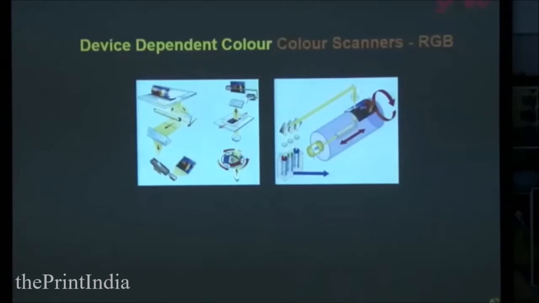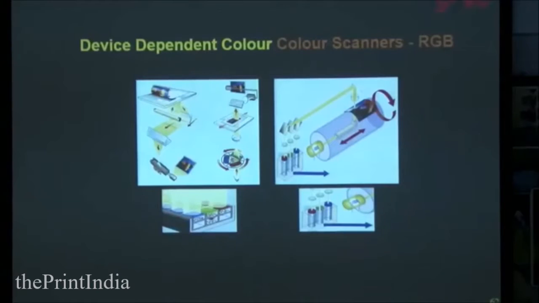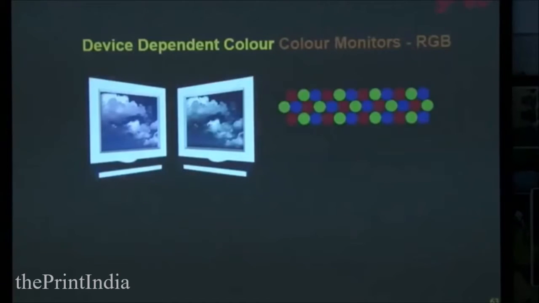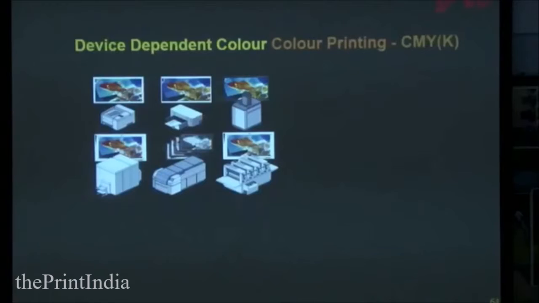Expensive scanners, better color. Monitors, you get cheap monitors, you get expensive monitors. How they display the color depends on the type of monitor you are using. An expensive monitor will have better components to generate good color. So monitor is also RGB.